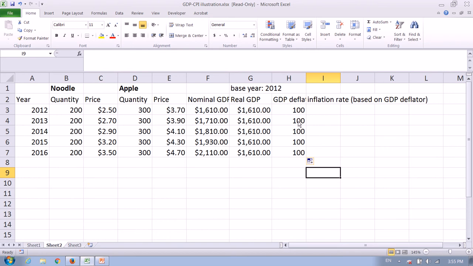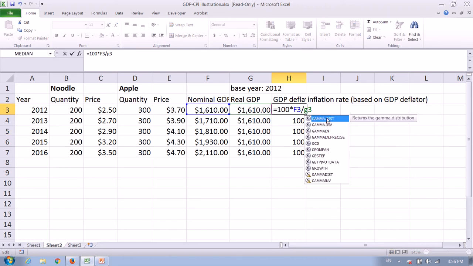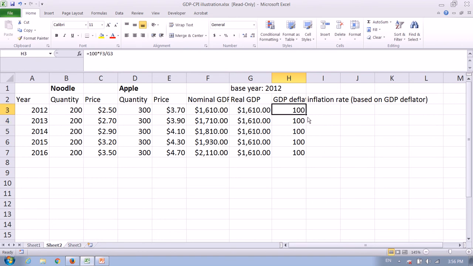G3, okay, G3. Okay, so GDP deflator increased from 100 to 131, and we can calculate an inflation rate based on this GDP deflator.